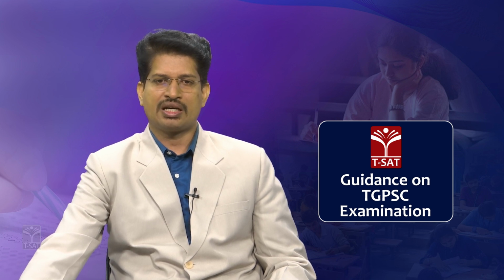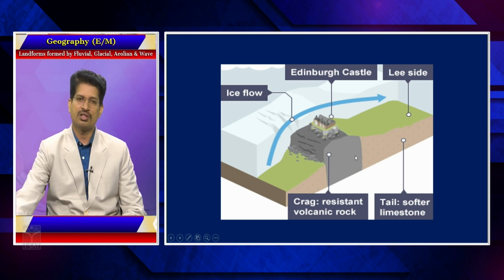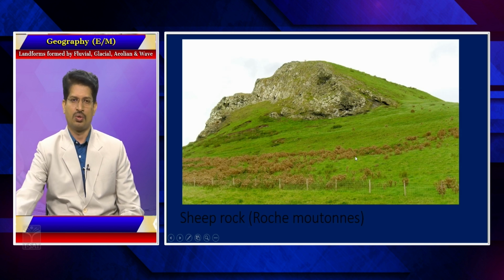This is known as a crag, and the tail is a soft rock having a less slope gradient. The crag has a more steep gradient. This type of rock, which has the crag and tail structure, is known as a sheep rock, and is a result of glacial erosion. So, this is a classic example of this.